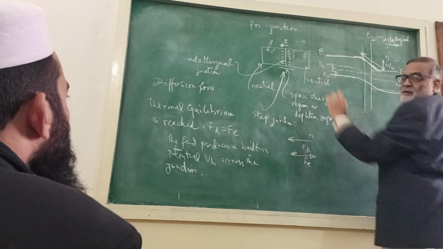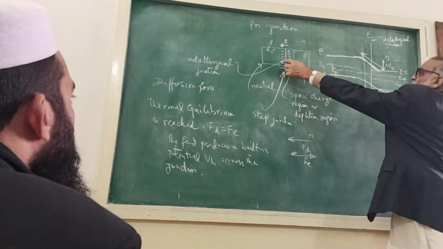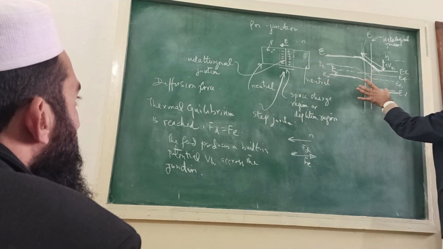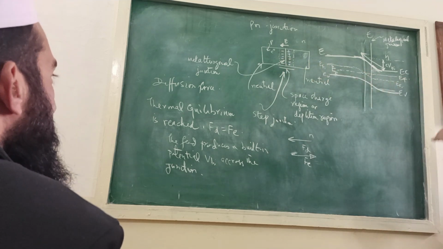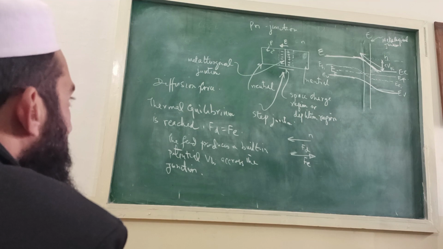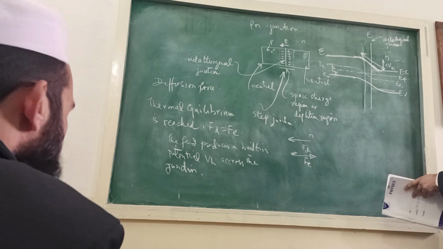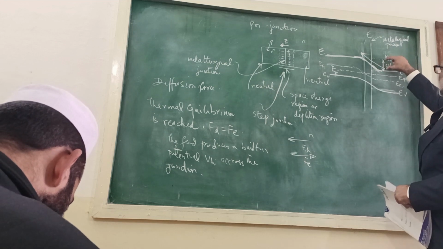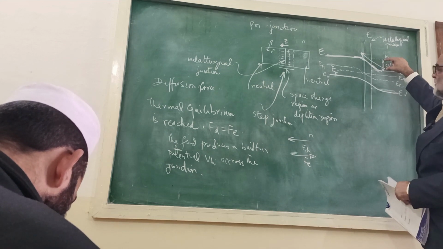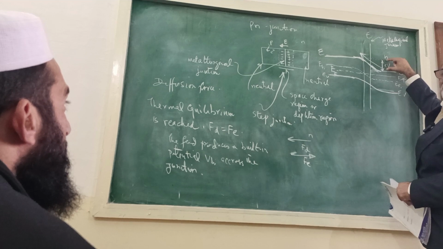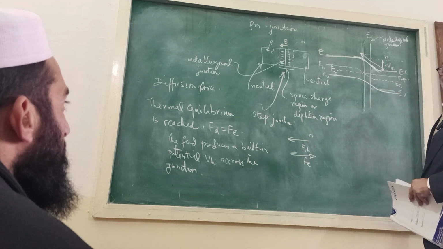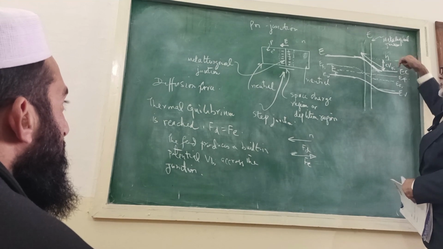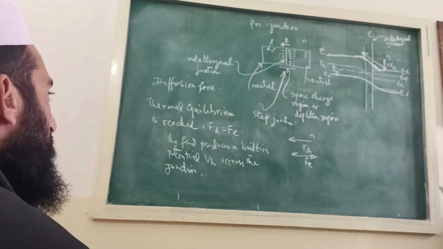This is the same energy that we get from here. I'm just showing this in an energy band diagram. This is called band bending. This energy is associated with this potential difference across the junction.